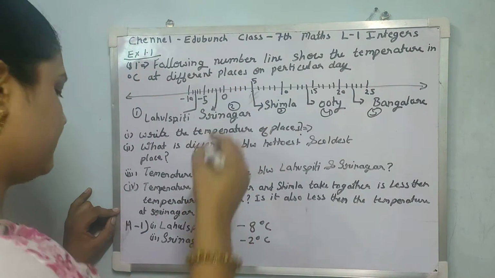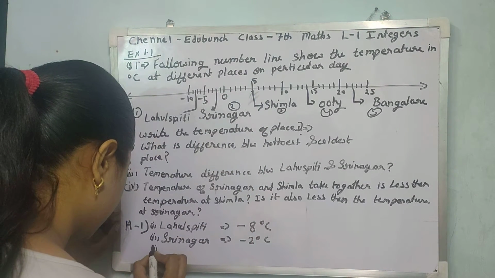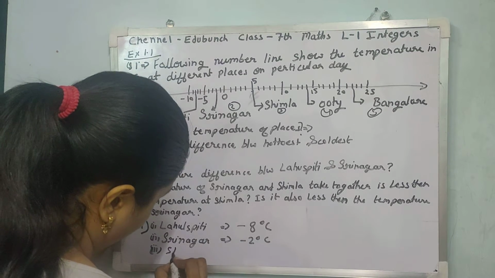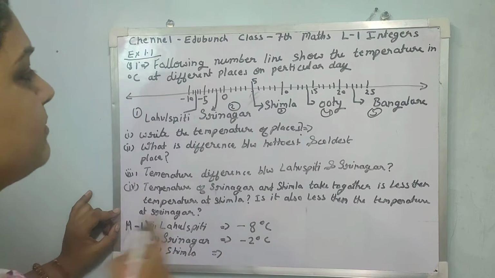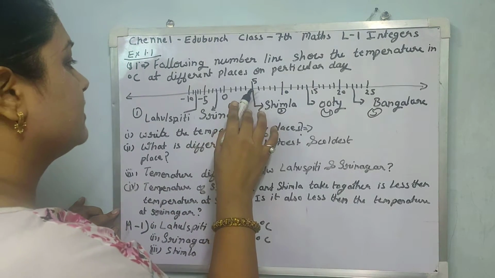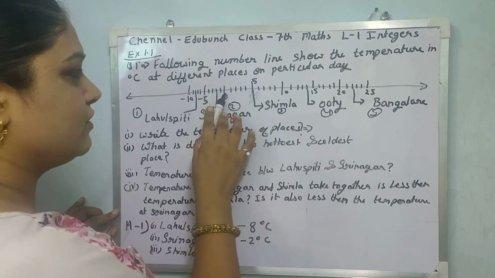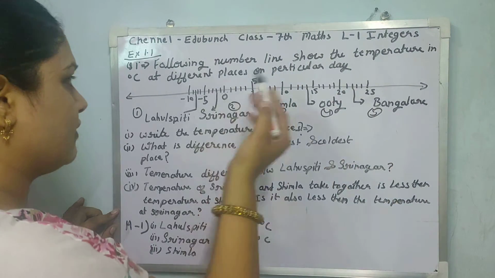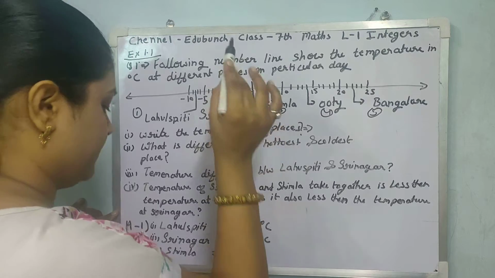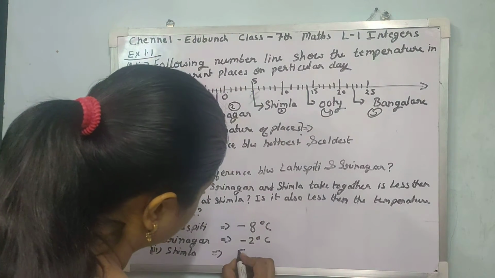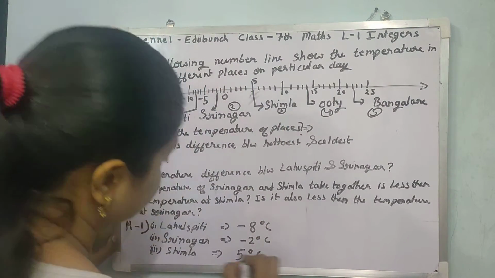Now third is Shimla. The temperature of Shimla is +5 degrees, because to the right side of 0, when we count, it becomes plus. So 1, 2, 3, 4, 5. The temperature of Shimla is 5 degrees Celsius.